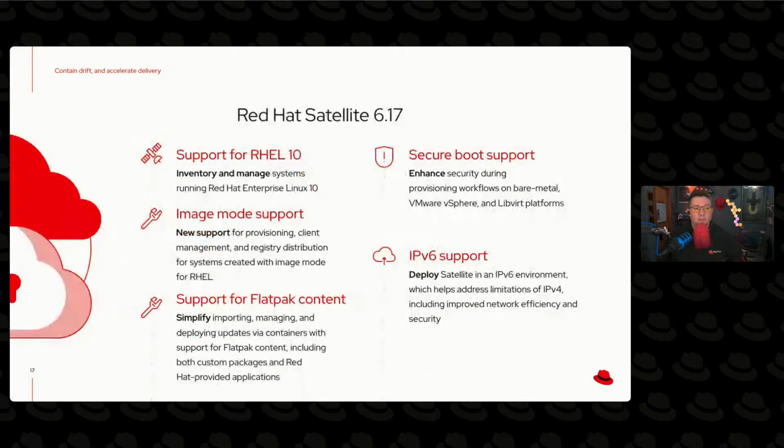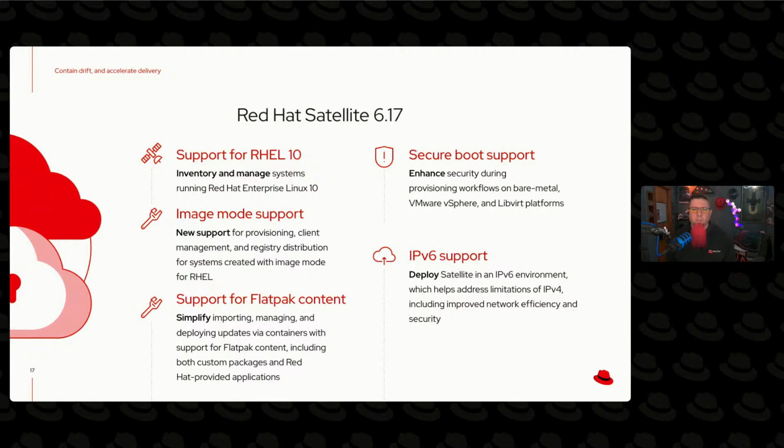Okay, and then of course I already hinted at Satellite 6.17. There are a couple of new features coming with it. Managing RHEL like a container means some adjustments to how Satellite needs to work with image mode hosts. Satellite now supports the distribution of image mode deployments, and provisioning and management as well. Support for Flatpak content. Flatpak, if you're not familiar, is another way of packaging up certain applications.